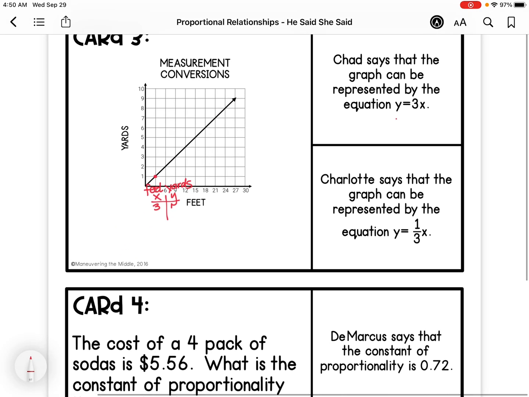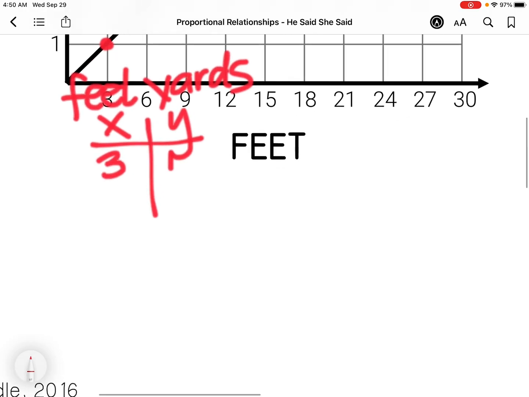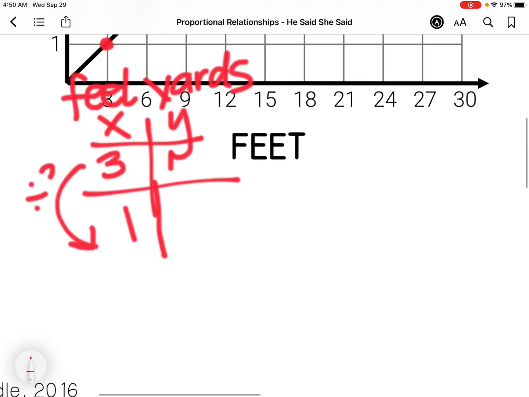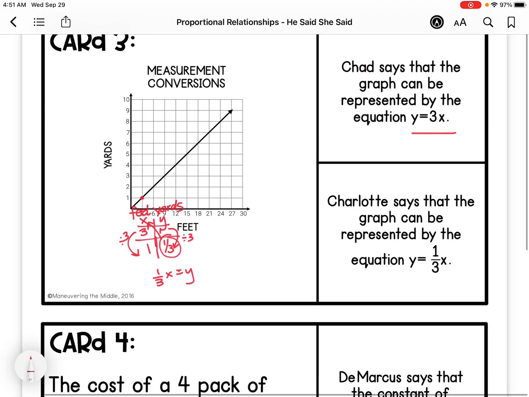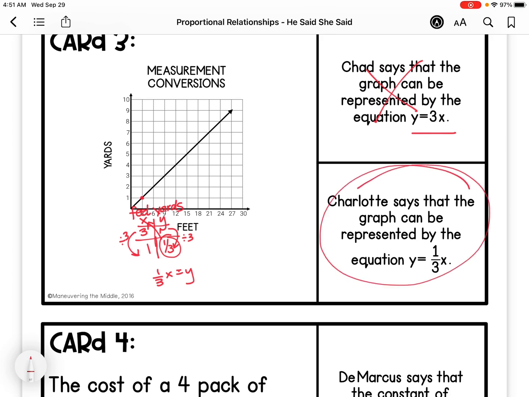So to write an equation, though, I have to find when x is 1. So I get 1/3 x equals y. So I know Chad's incorrect. Charlotte says it can be represented by 1/3 x equals y. So Charlotte's correct.